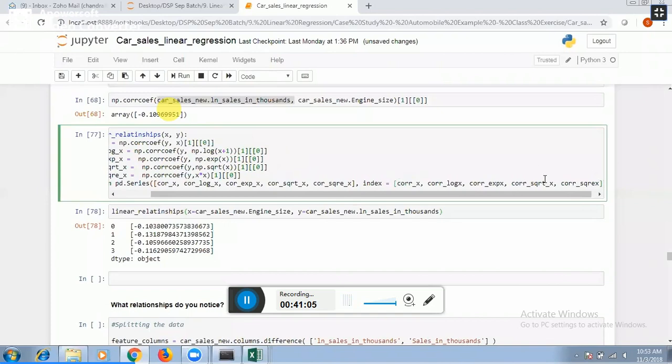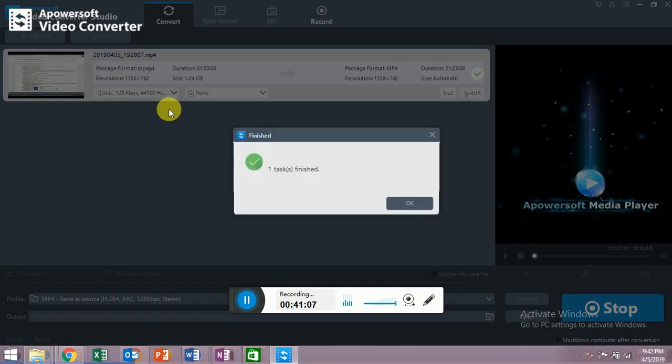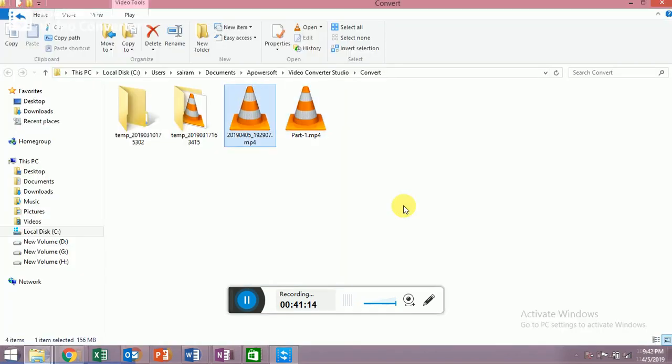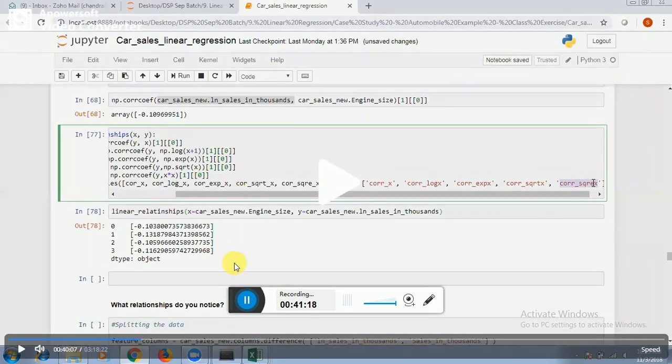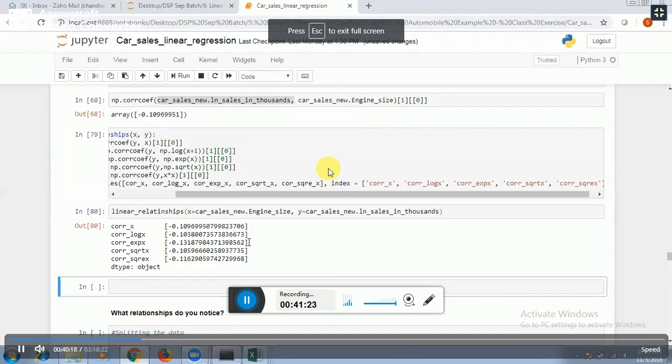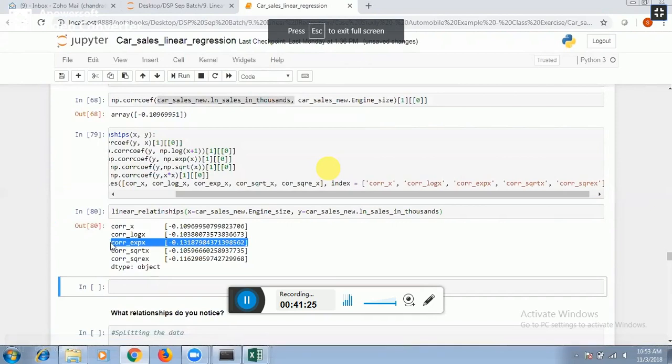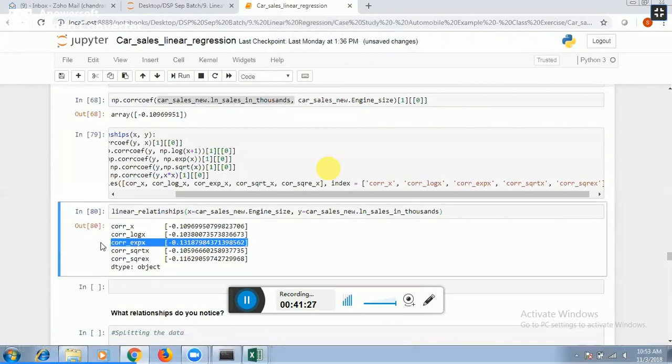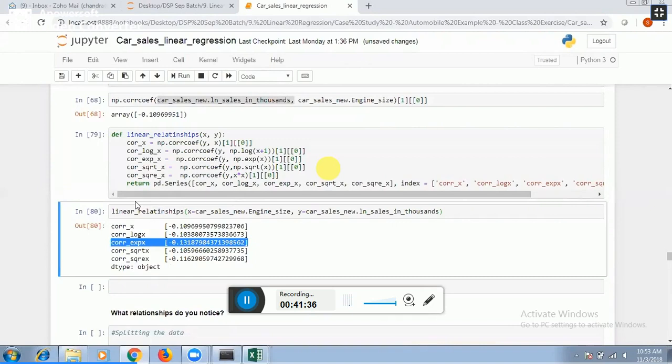Okay. So now in this case, you can see that the exponential is giving a high value, 0.13. So probably I can choose this one. Yeah, Chandra, hello. I can choose this one. So that's how you can take it, whatever the value is.